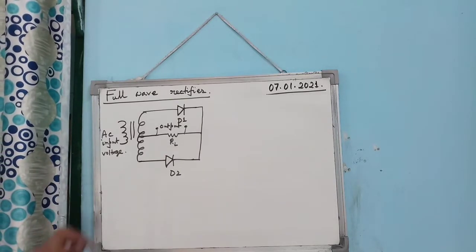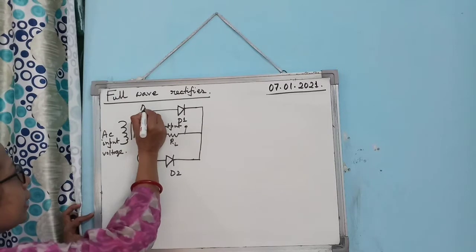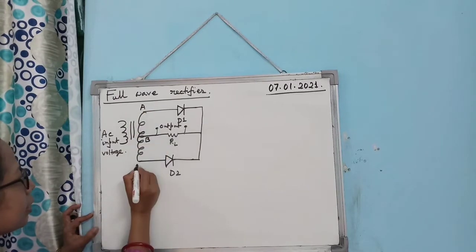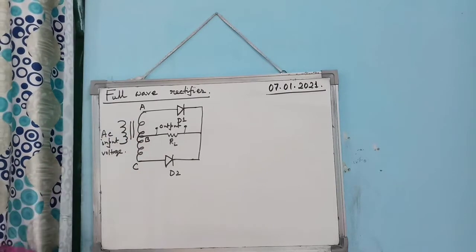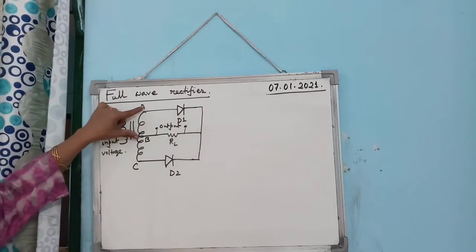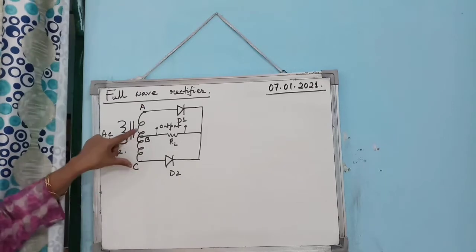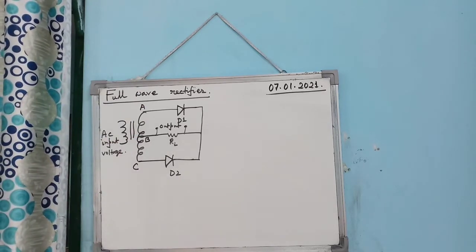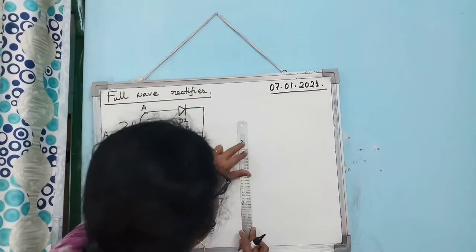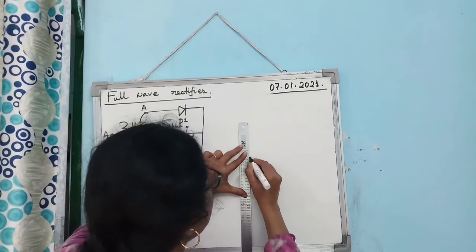Alright. Now you see, in this case, I can name the three points across which the diodes are connected as A, B and C. D1 is connected across AB and D2 is connected across BC. So, in this case also, we have to draw the output and input.